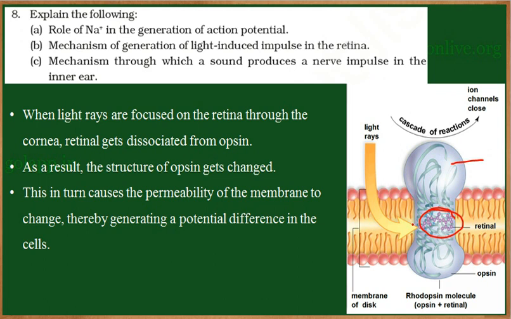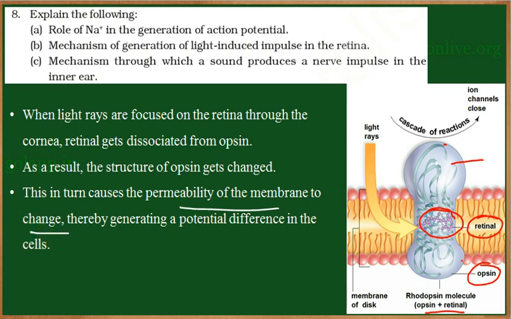When the light ray falls on this protein, the retinol and opsin get separated. They will split. This split changes the structure of the opsin. The opsin structure gets altered and this opsin becomes permeable for the ion channels. That means it causes the permeability of the membrane to change.